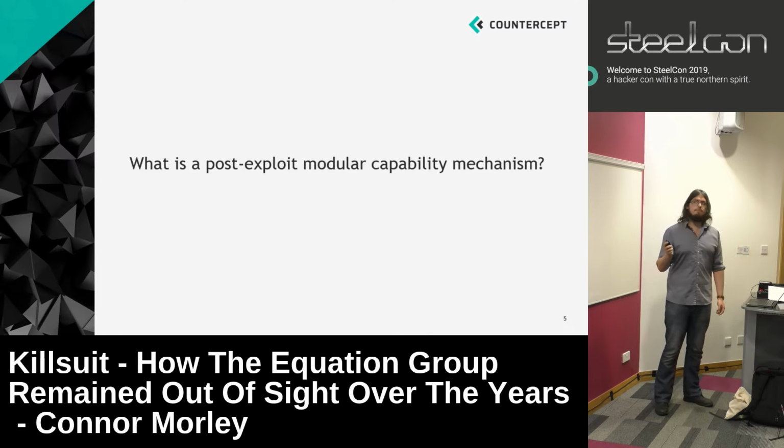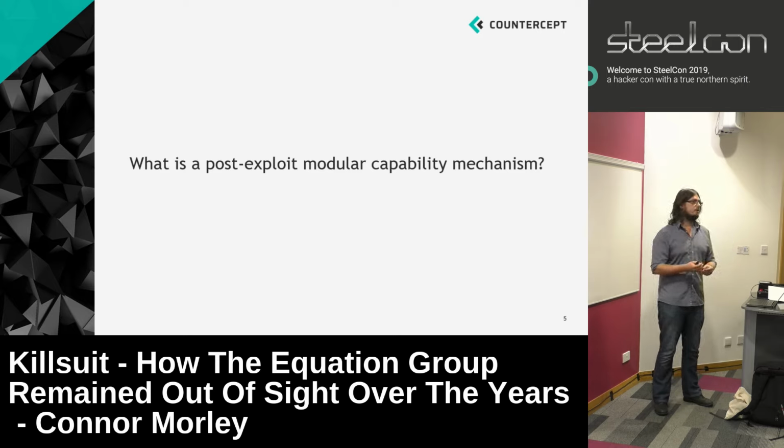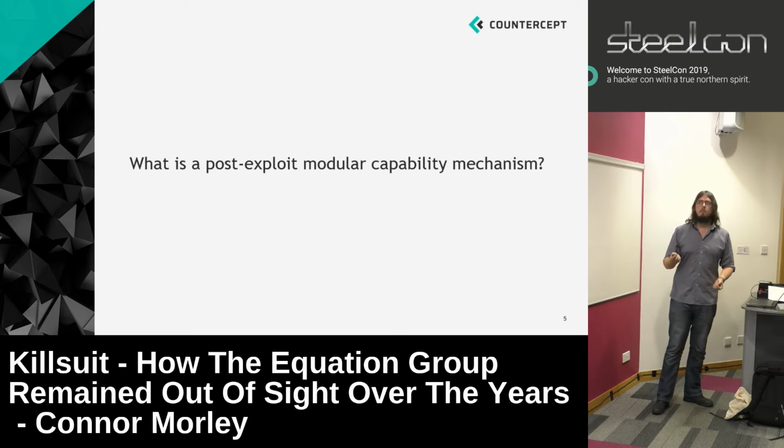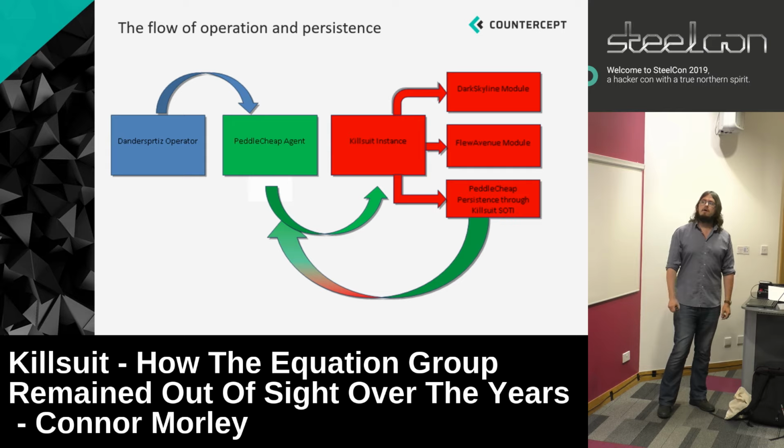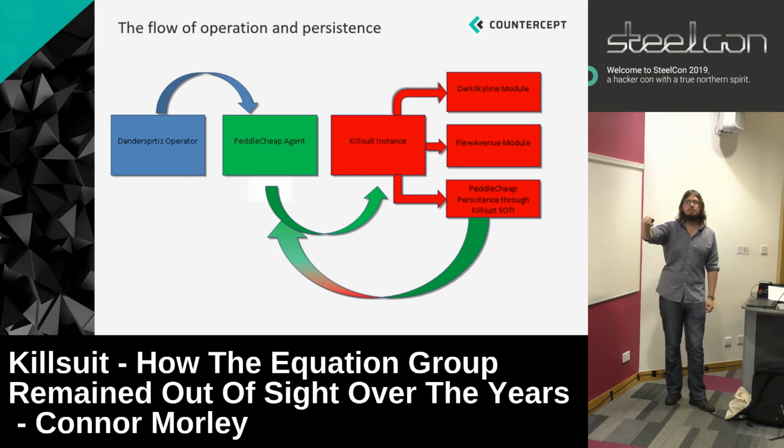KillSuit is a post-exploitation capability mechanism. It's a bit of a mouthful, but what that exactly means is quite important. So we drew a diagram to try and illustrate it. The PeddleCheap agent is the malware that is deployed by FuzzBunch after exploitation, and the Danderspritz framework communicates with the PeddleCheap agent on an infected host to then install KillSuit.